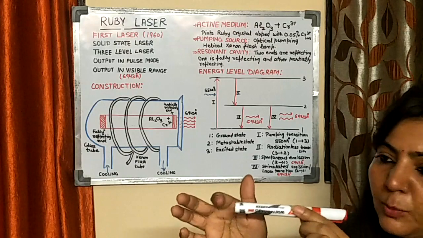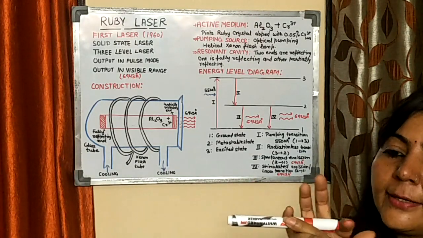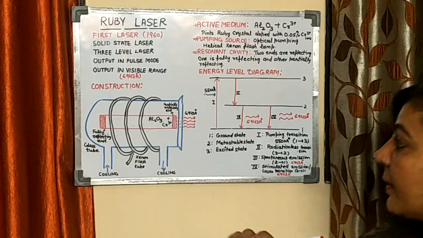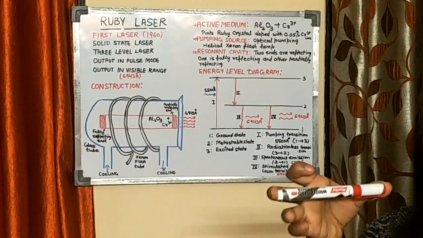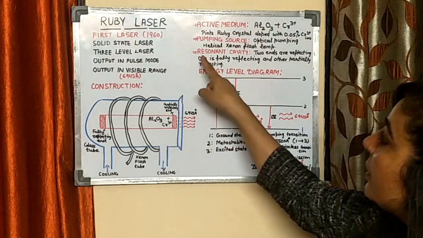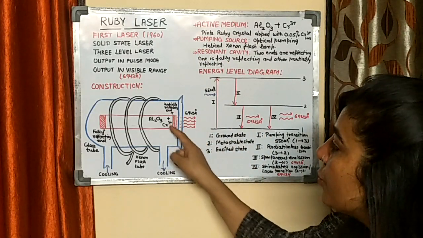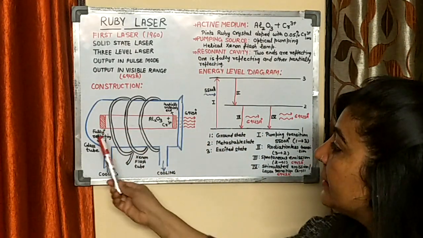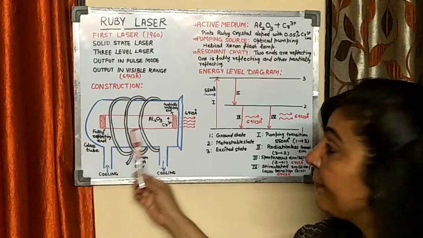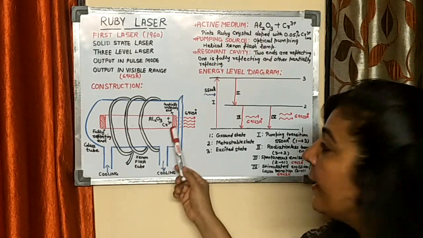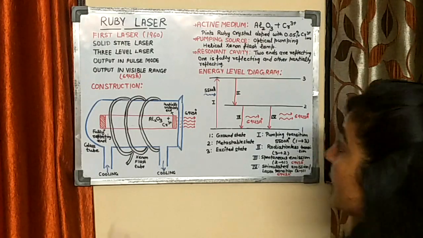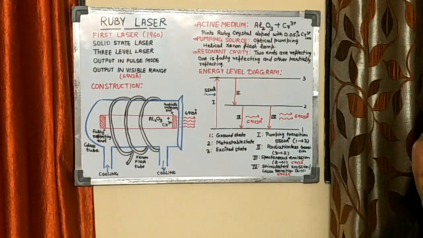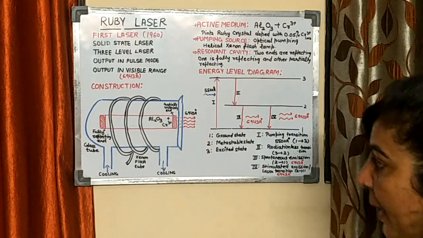Suppose this one end is fully reflecting, then the other one is partially reflecting. The combination of these two reflecting ends forms the resonant cavity here. You will always get the output from the partially reflecting end. So these are the main components.